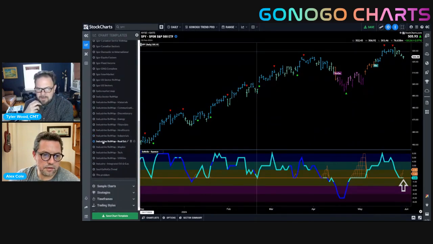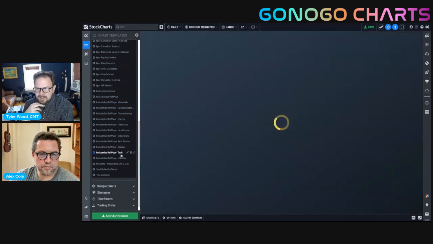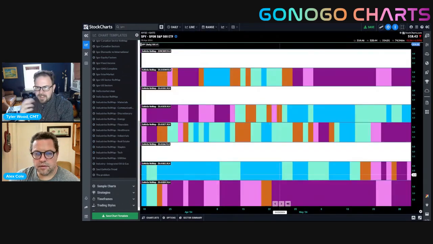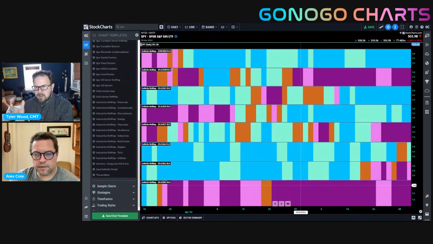So why don't we start with the information technology sector and take a look at this very similar construction that we saw last week in terms of the leadership from renewable energy equipment, semiconductors, computer hardware, and it looks like we're dabbling with a little outperformance from, is it the software sector?